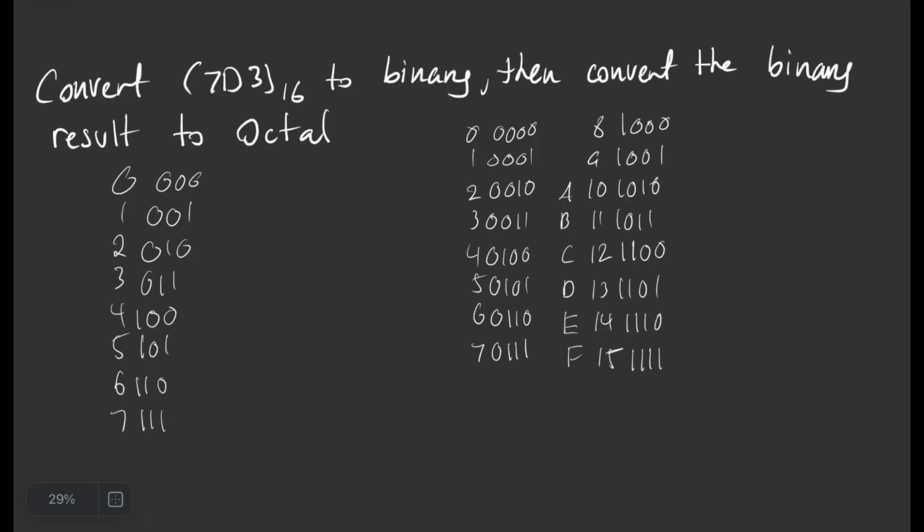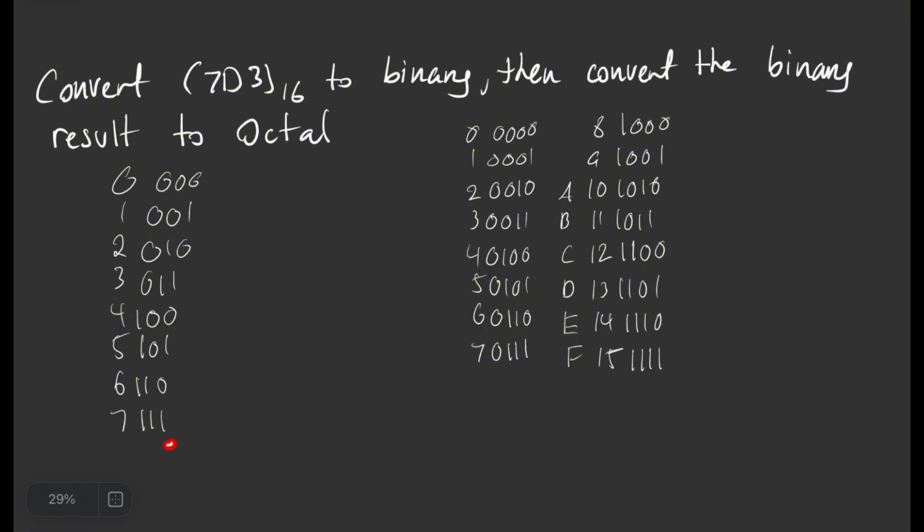Okay, so as you can see, the octal table is basically the hexadecimal table, but it just stops at number 7. You can see the difference is that it uses 3 binary digits as opposed to 4, but you could see that after the first digit, everything else is basically identical.